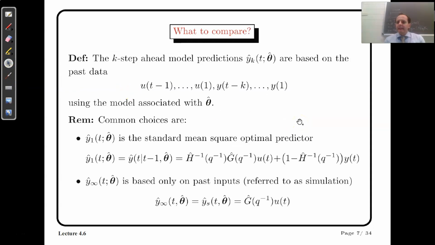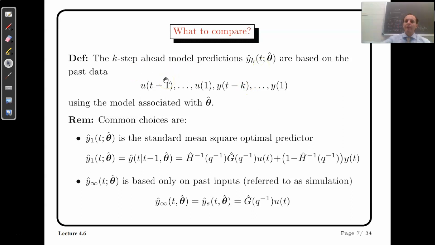Another comparison that you can consider, of course the simplest one, or the most direct, is the k-step ahead predictions. So it means that you are using the data up to the instant, to the time t, and you are performing k-step ahead.